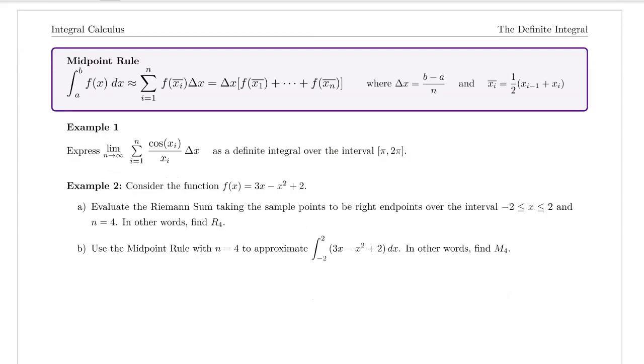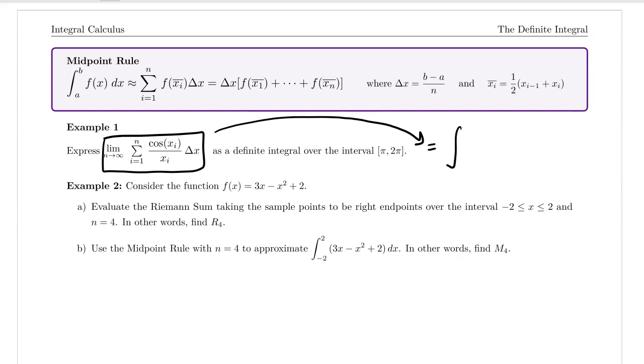Example 1 says, express the limit as n approaches infinity of the summation from i equals 1 to n of cosine of x sub i over x sub i times delta x as a definite integral over the interval from pi to 2 pi. So this thing here is equal to the definite integral from a to b. Here pi is our a value and 2 pi is our b value.